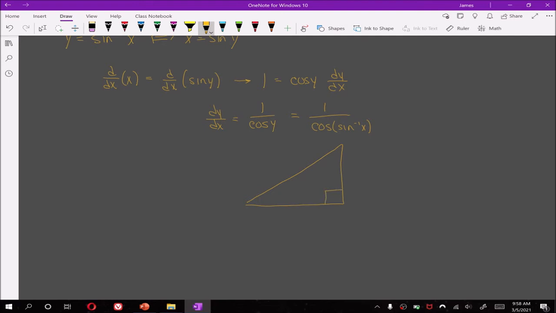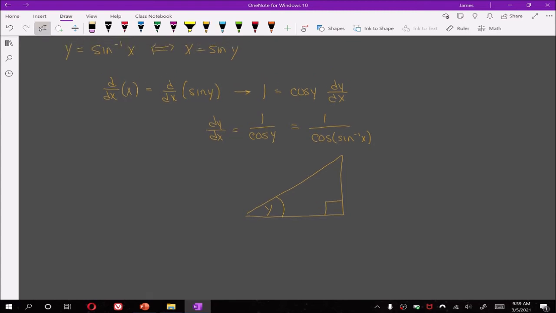There's our right angle. Let's say this represents the angle y, which is inverse sine of x. Well, sine of that angle, remember by right triangle trigonometry, sine is opposite over hypotenuse. Right? So the opposite side would have to be x. The hypotenuse has to be 1.